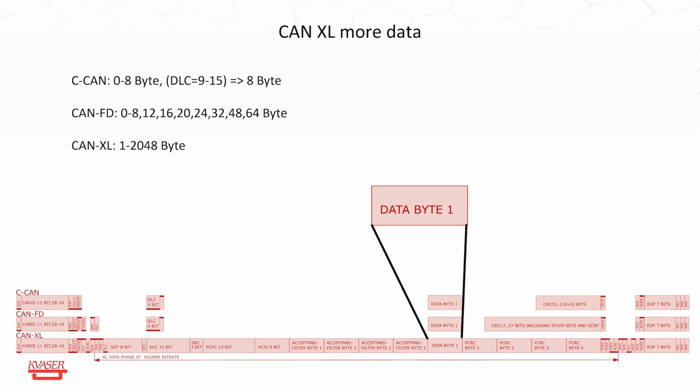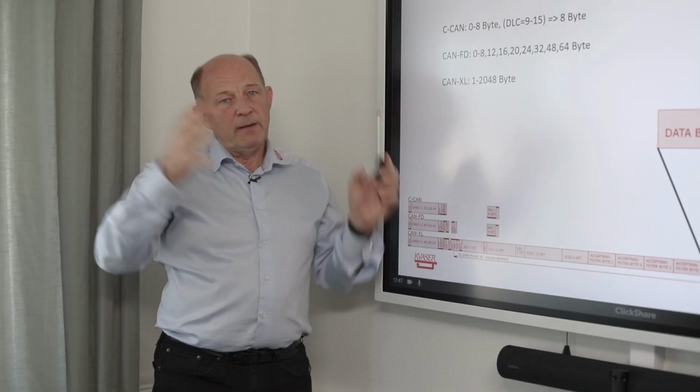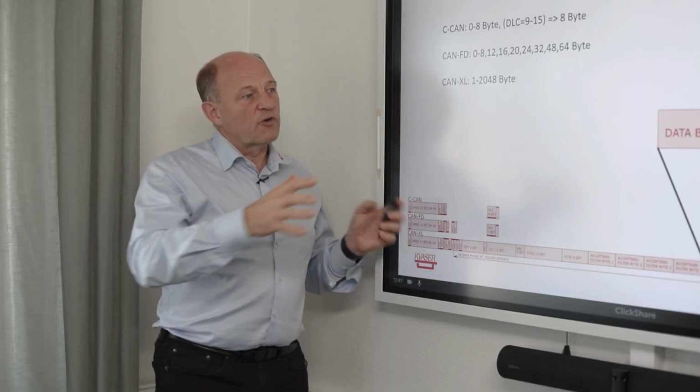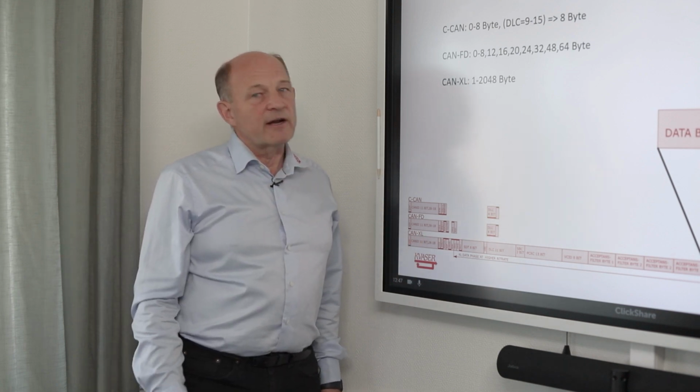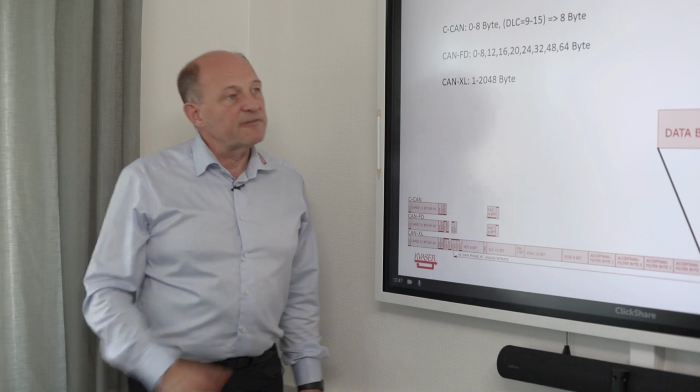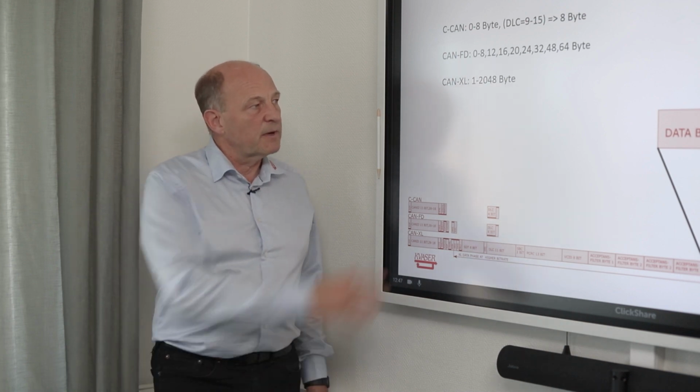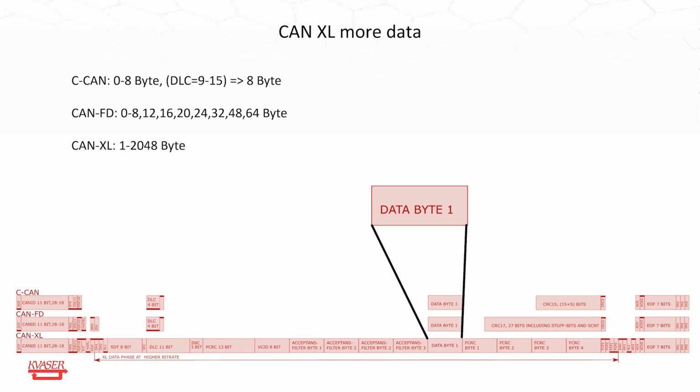And a really big reason that we move up to 2048 is when you do flashing, you would like to use TCP/IP or some other good protocols. And to do that, we don't want to fragment the Ethernet frame. So we would like to put the whole frame in, so we know that when you get the frame, it's correct due to the CRC. And when you put the whole frame in there, you know it's there and it's correct. That makes life much easier for the software. So that's why we have those 2048 bytes.